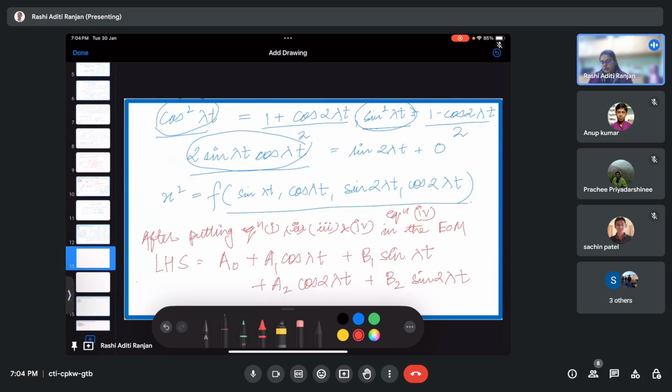So what are the remaining values? A0 plus A1 cos of lambda t plus A2 into cos twice of lambda t.